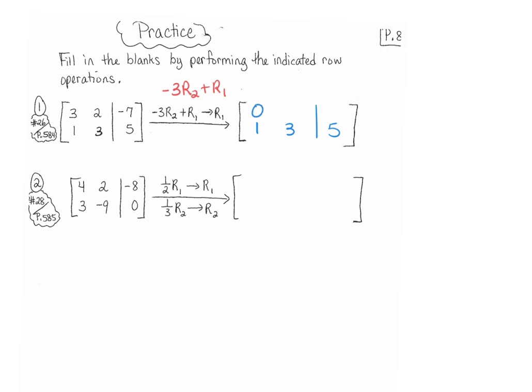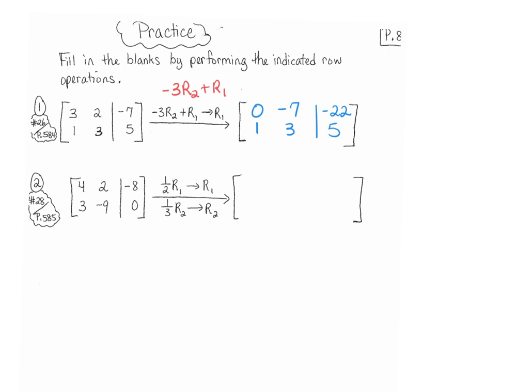Now negative 3 times 3 is negative 9. Negative 9 plus 2 is negative 7. Then negative 3 times 5 is negative 15. Negative 15 plus a negative 7 is negative 22. So that is our matrix.